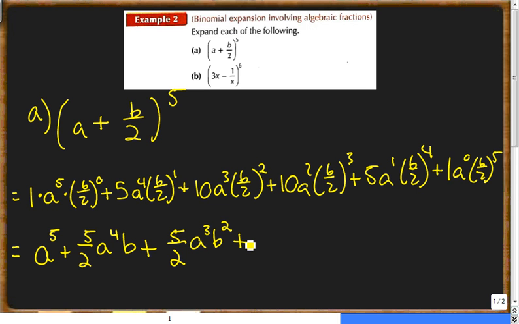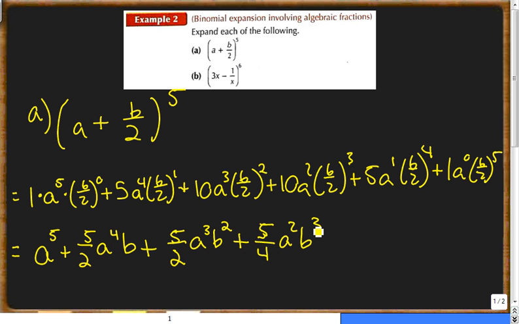We then have 10a squared b over 2 cubed. So 1/2 cubed is 1/8. 10/8 is the same thing as 5/4. So we get 5/4 a squared b cubed.